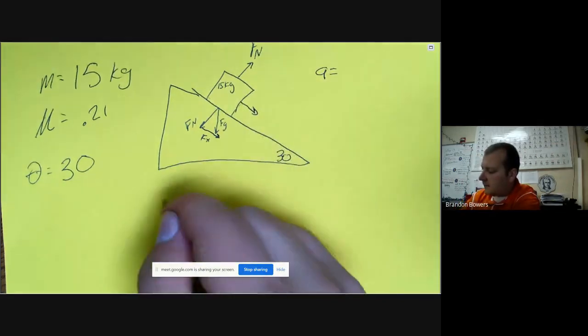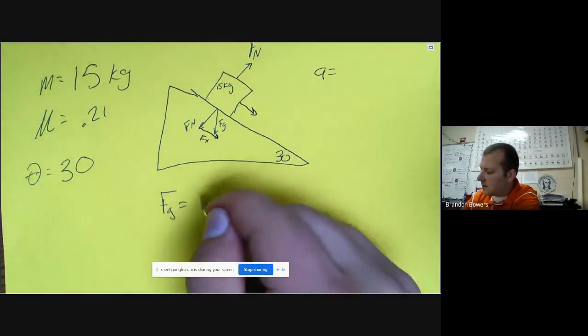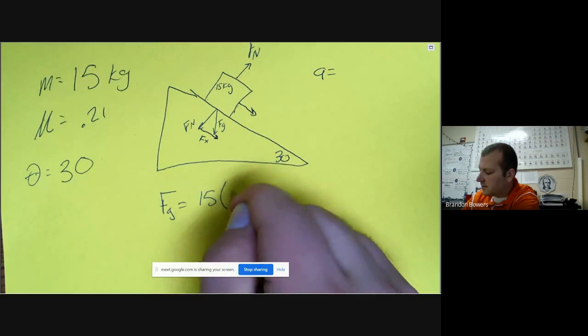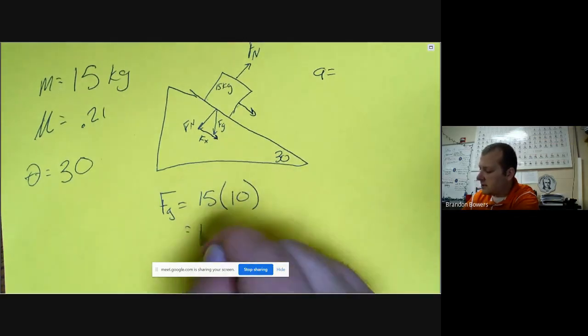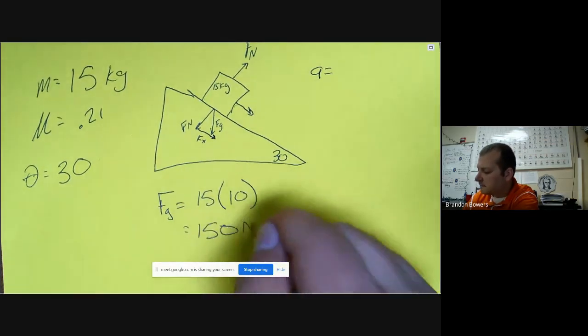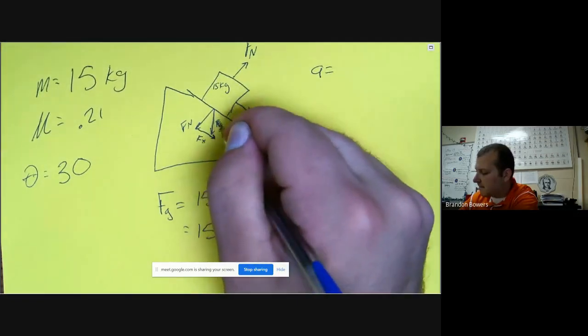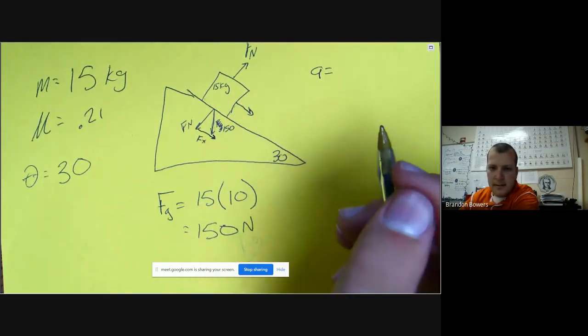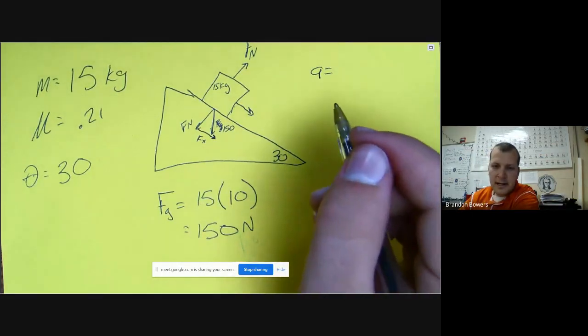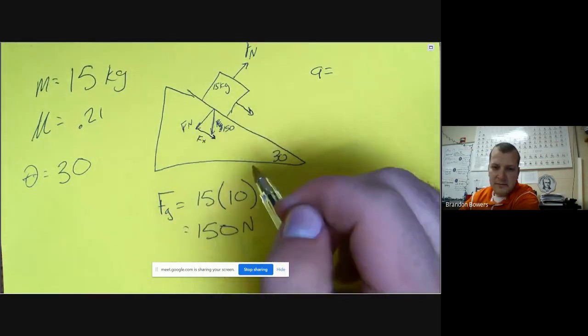So the force of gravity, we should be able to solve that because the mass is 15 times the acceleration due to gravity, which we're using 10, is 150. So the hypotenuse here is 150. So we're able to solve for force normal and force in the x.